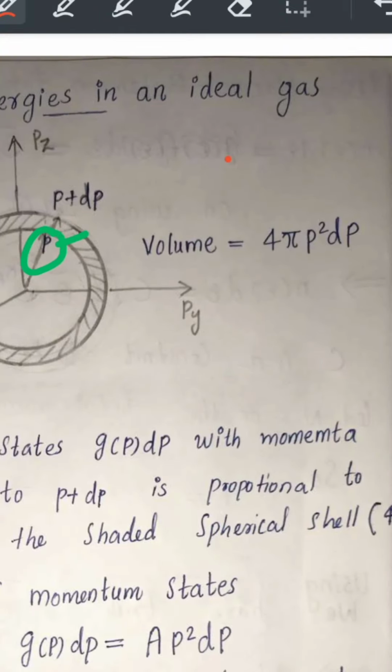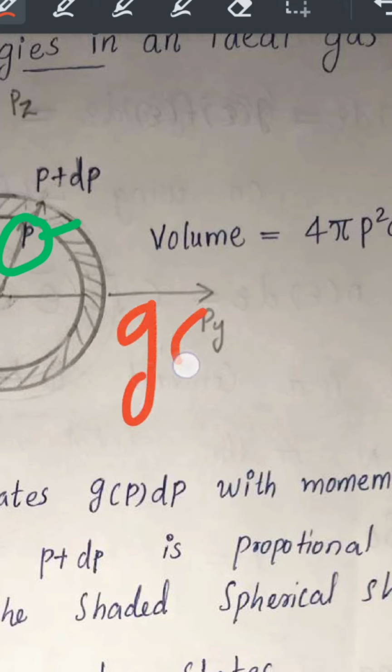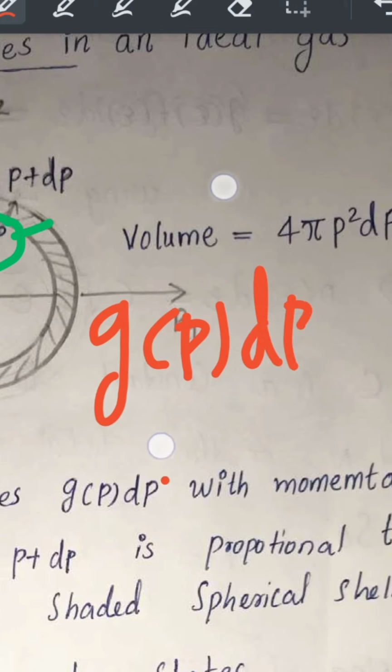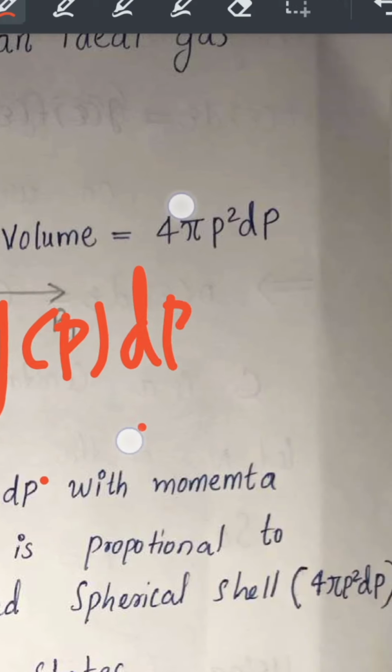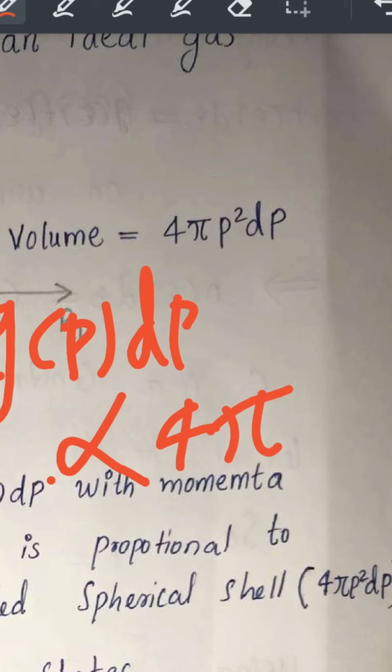The number of momentum states that lie in this momentum range is g of p dp, and it is proportional to this volume, 4 pi p square dp.